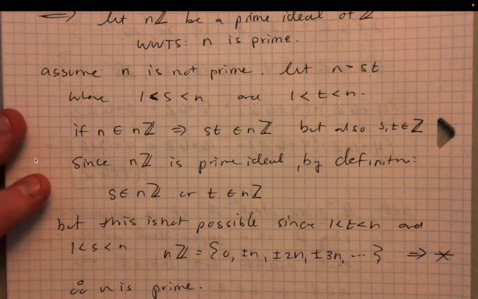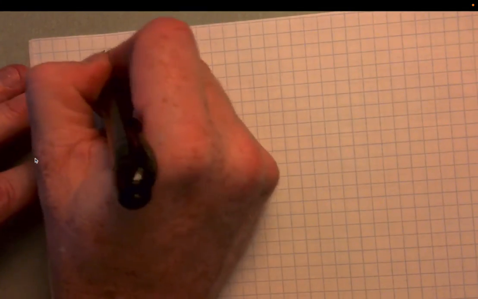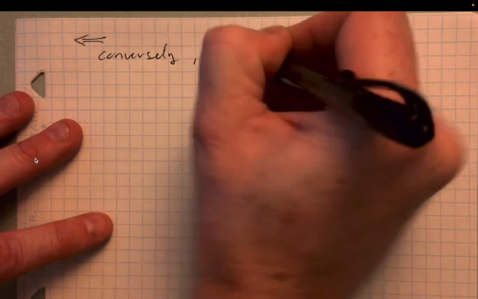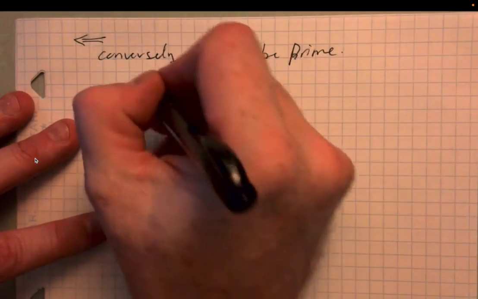Now, what about the converse? Conversely, let n be prime, and we wish to show that nZ is a prime ideal.